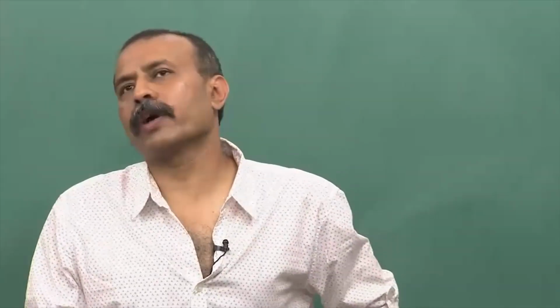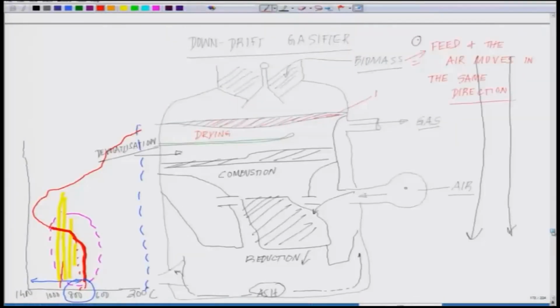There is a third type which we will be discussing now, which is called the cross flow gasifier. Just to understand, gas is coming out at a different level, air is coming at a different level. From here, air can move up, if the air chamber is somewhere out here, then we call it updrift gasifier, UDG.